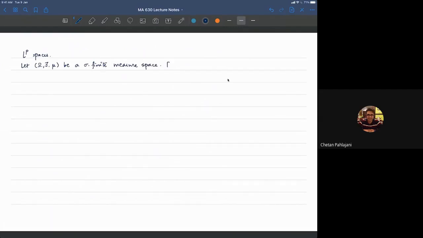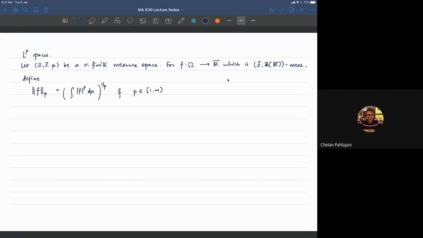For a function f taking Ω to R-bar, which is F/B(R-bar) measurable, define, right now I'm just going to call it a symbol, that looks like norm of f sub p, but right now I don't know that it's a norm, so I'm just going to call it this symbol, by the integral of the absolute value of f to the p dμ, to the power 1 over p, if p is in [1, infinity).